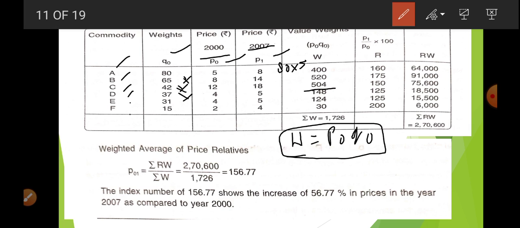Then 37 multiplied by 4, 148. 31 multiplied by 4, and then 50 multiplied by 2. In this way we get the weights of the series.